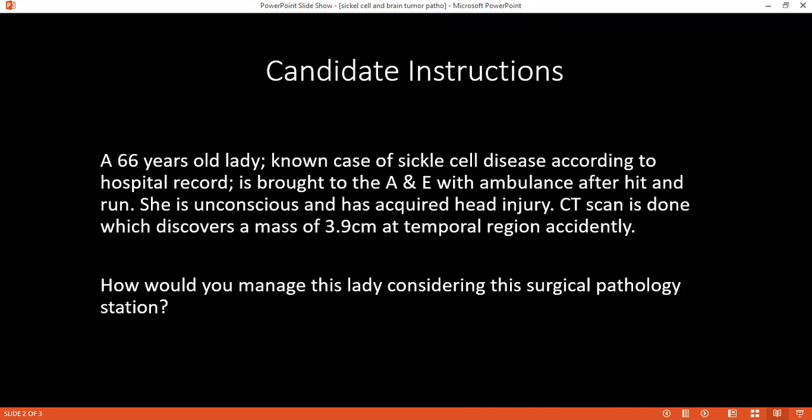Right. So if you have read and understood, considering it a surgical pathology patient, kindly tell me what you understand by the condition sickle cell disease. Yes, ma'am.